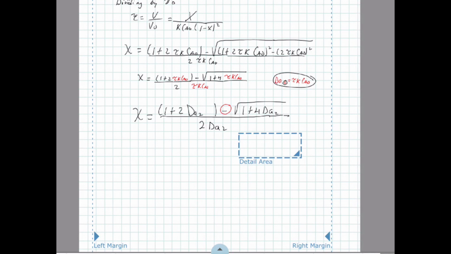So what we're going to do now is plot this relationship so you can have a feeling of the relationship of conversion as a function of the Damköhler number for a second order reaction.